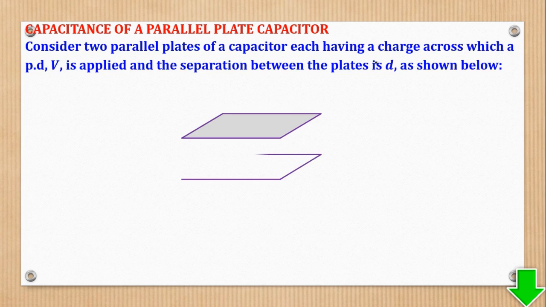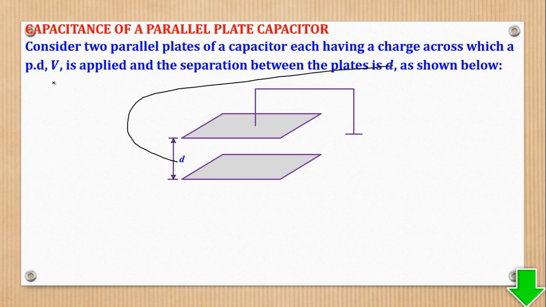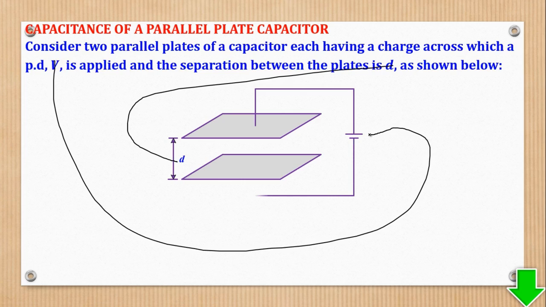That will be one plate, and this is another plate, separated by a distance d and connected to a PD V. Because of the polarity of this dry cell, this plate gets a positive charge and this one a negative charge. Then electric field intensity will be in that direction, from positive to negative.